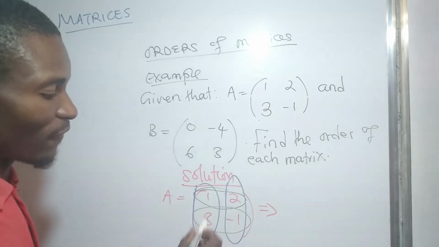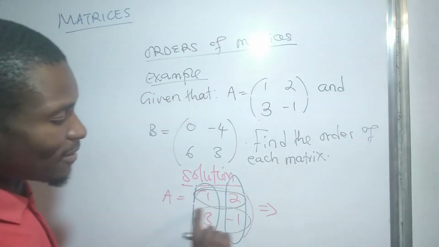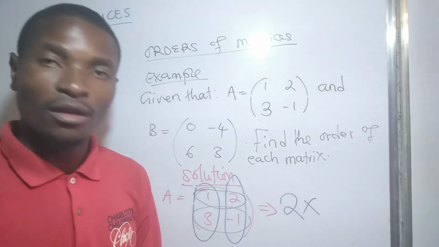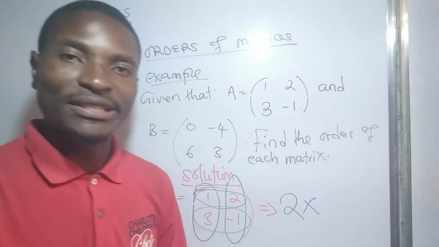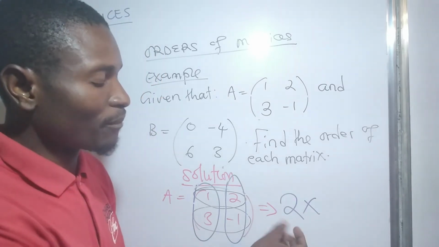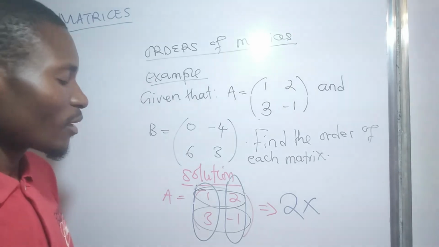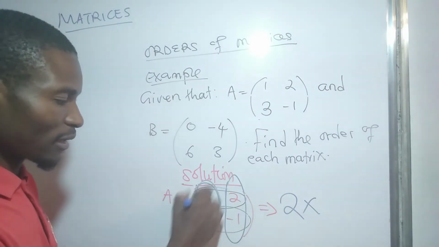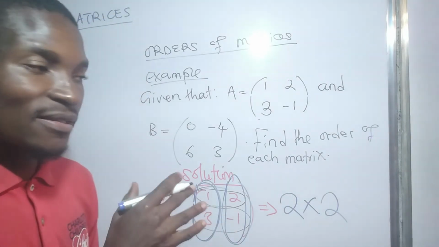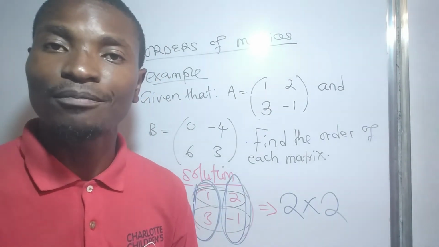Now if I count the first row and the second row, the way you read the order of the matrix is 2 by something. The number of rows is 1, 2, and the number of columns is 1, also 2. So this matrix has the order 2 by 2.